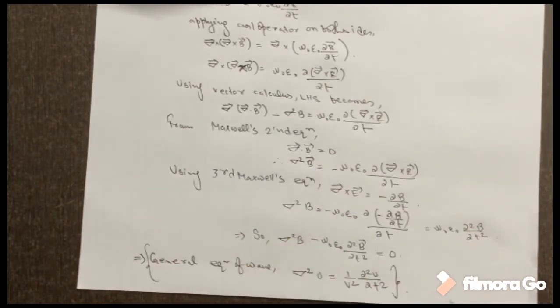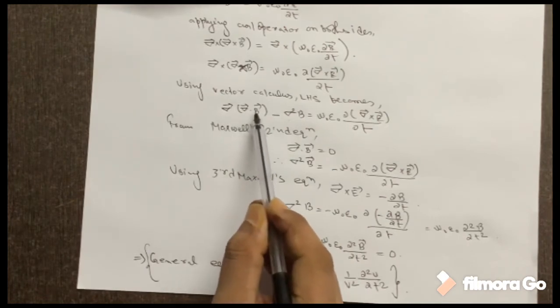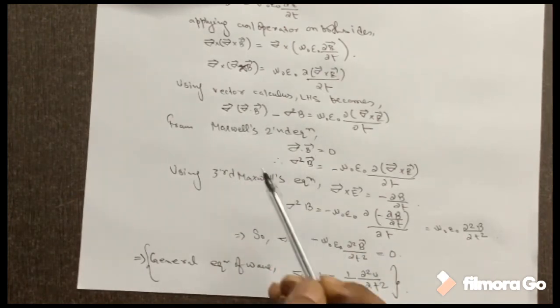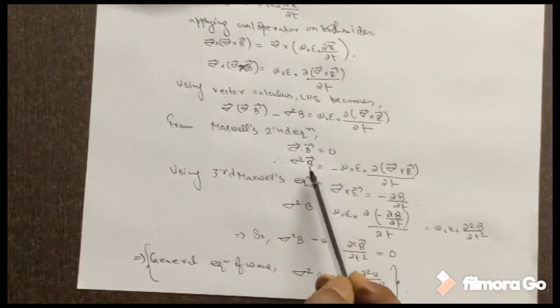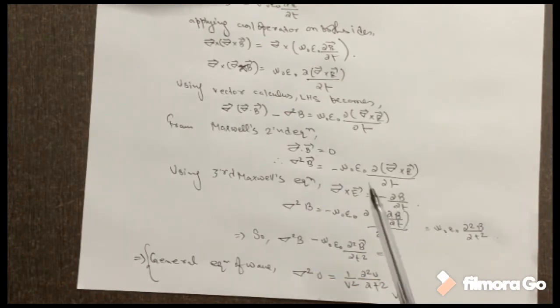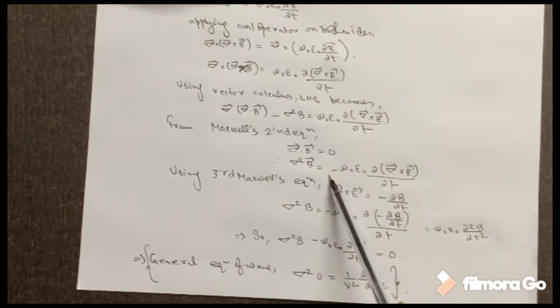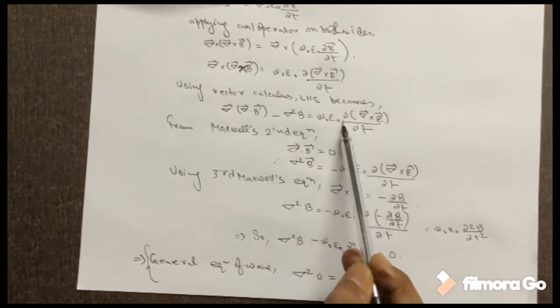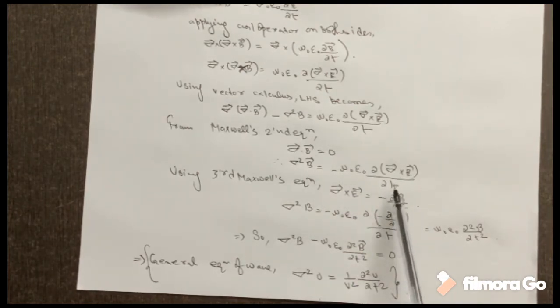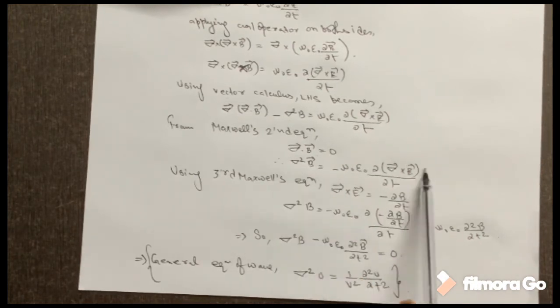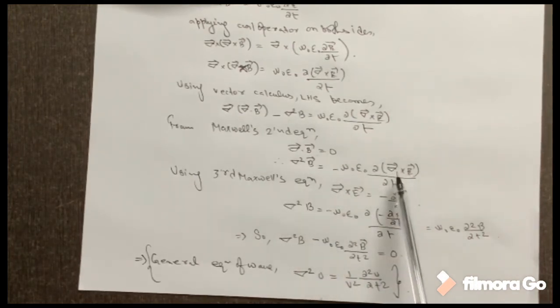From Maxwell's second equation, we can say that del dot B equal to 0, so this left hand side reduces to minus del square B. Now minus of mu naught epsilon naught del by del t of del cross E is the result. Now on applying the third Maxwell equation, this del cross E reduces to minus of del B by del t.